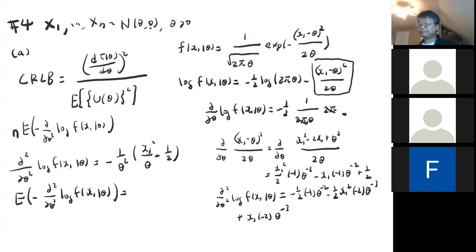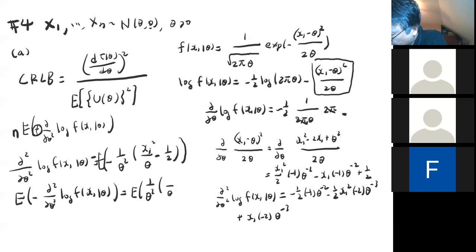Of course, don't forget about the minus sign right here. So you need the expectation of 1 over theta squared, then x1 squared over theta, minus half.